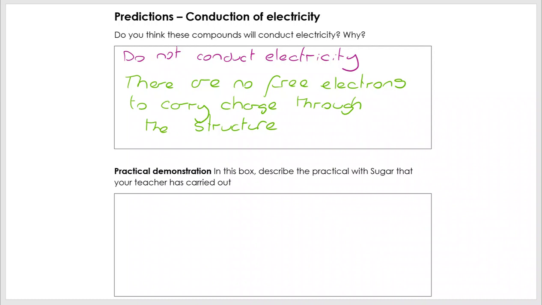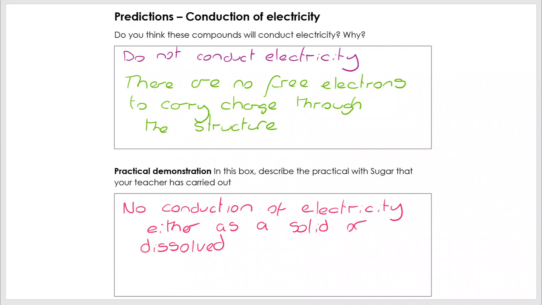So we've spoken, depending on which order you're watching these videos, in metals, the electrons are delocalized and can carry charge through the structure. In an ionic compound, when aqueous or molten, the ions are free to move and carry charge through the structure. In a simple covalent molecule, there are no free electrons, so we can't carry charge through the structure.